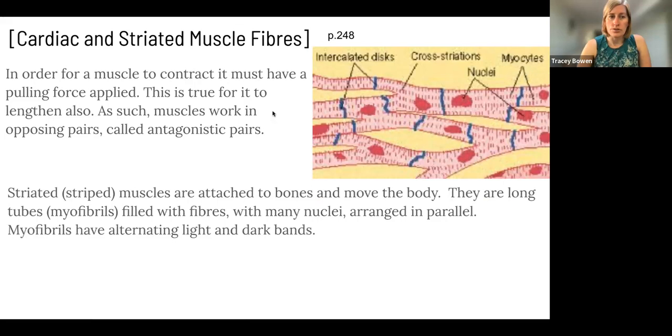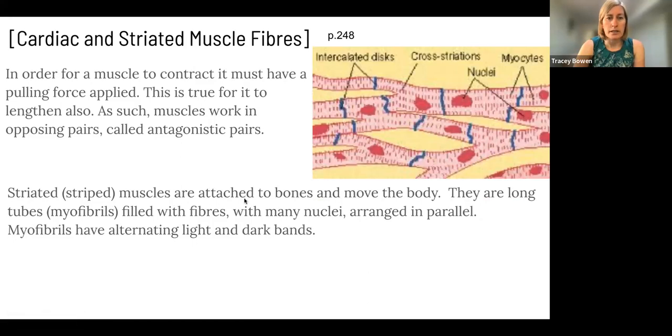And striated muscle, the word striated means striped, and that's because striated muscles, like the muscles in your arms, have alternating dark and light bands, which we will talk about more when we look at muscle tissue. But that's the stripiness of the striated muscle.